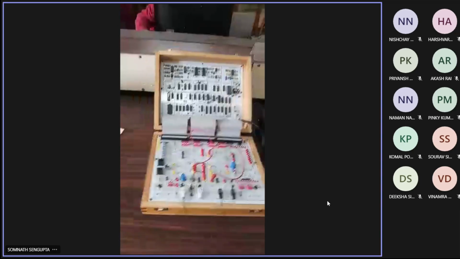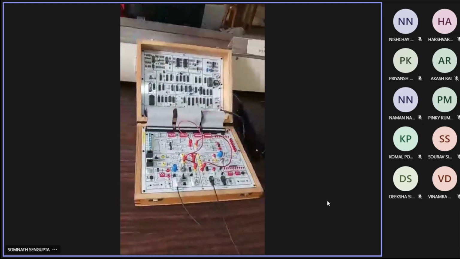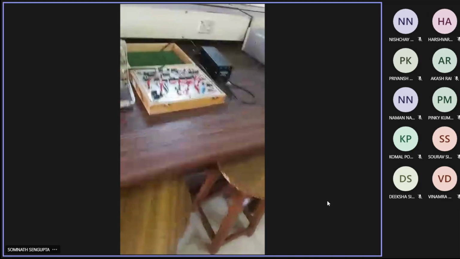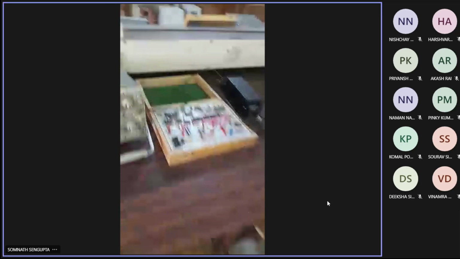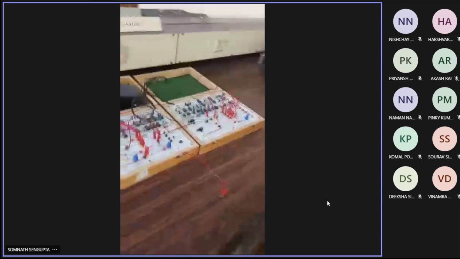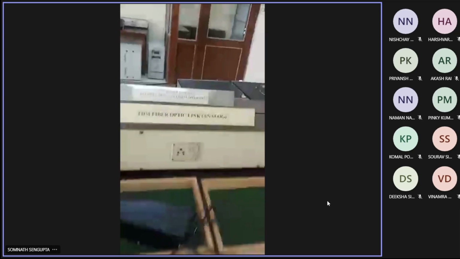Then there is one kit, that is Manchester coding and decoding kit. And another kit, that is TDM, time division multiplexing digital. Then this is another kit, time division multiplexing analog.